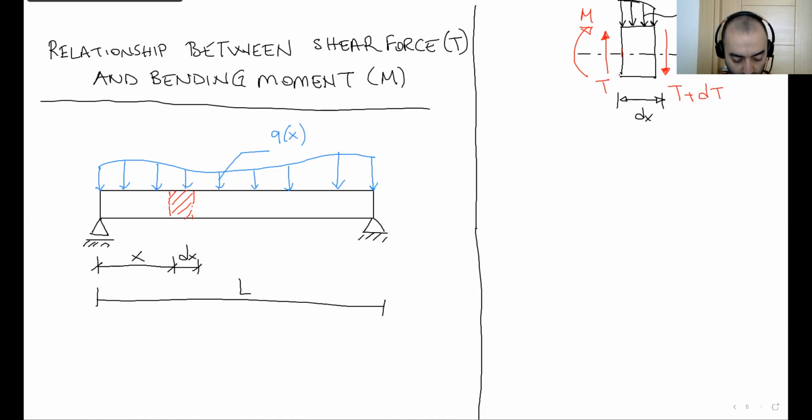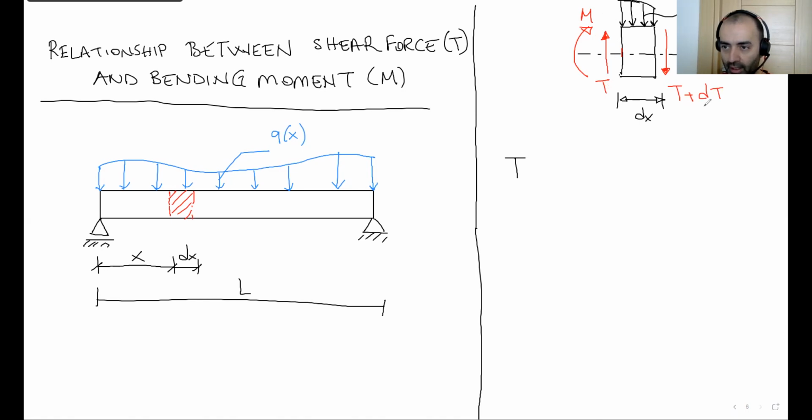If we write the equilibrium equations on this beam portion, let's write first for the shear force. At the left-hand side, we have T, which goes up.